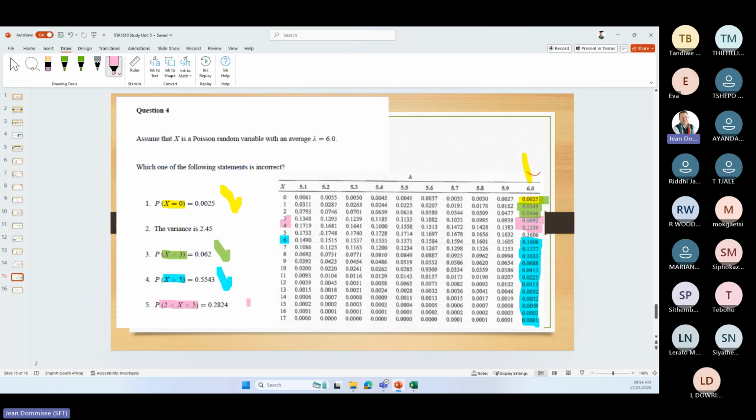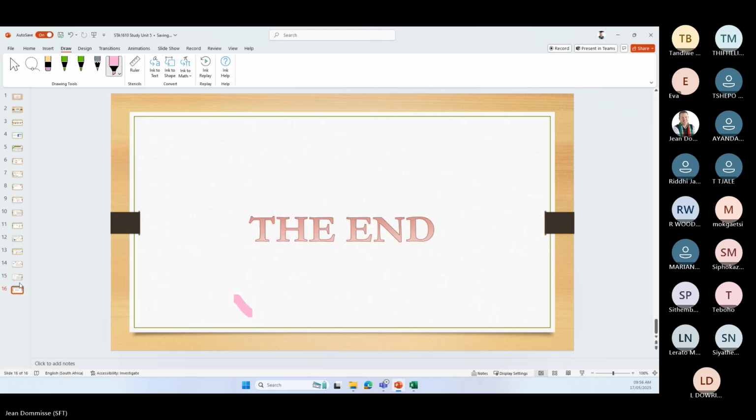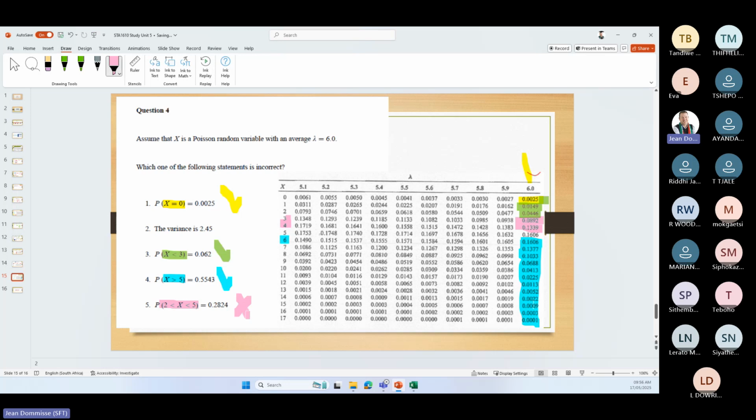So that must be 3 and 4. So that one for me is wrong. I think that should have probably read... yeah, so there's definitely a mistake in that one.